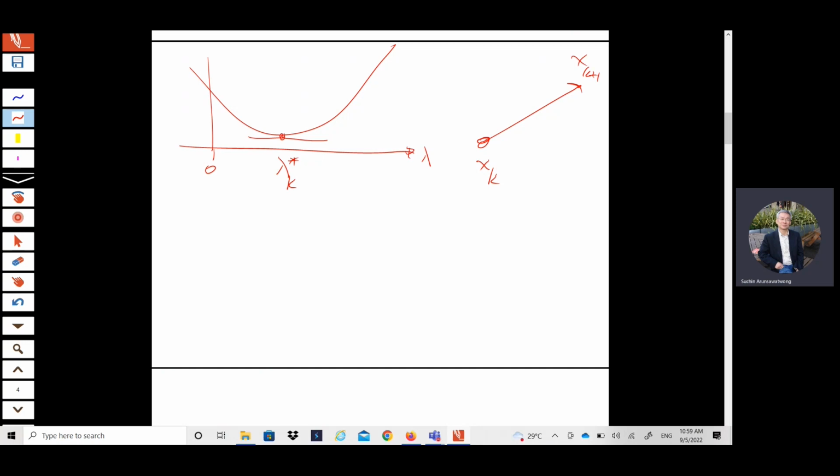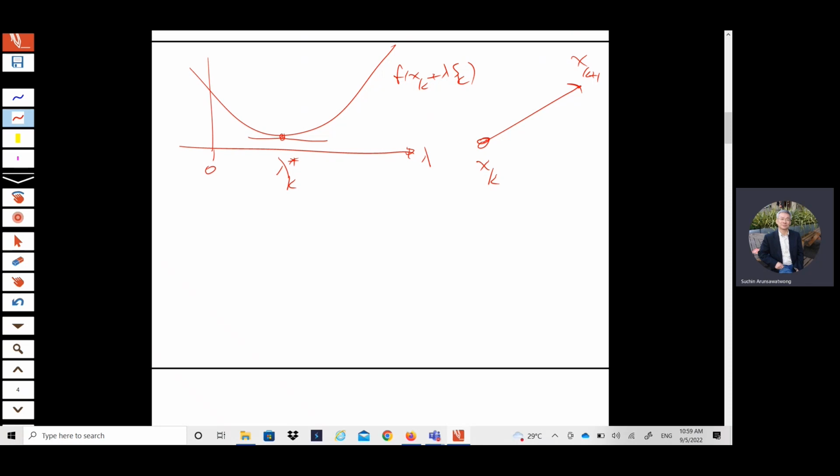We use exact line search, and we minimize f of xk plus lambda sk, because we start at the iterate xk. So when we find the lambda k star, the slope of f of xk plus lambda sk is 0, at the optimum lambda k.